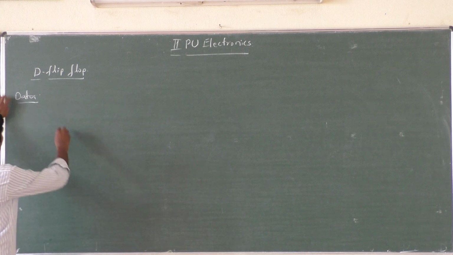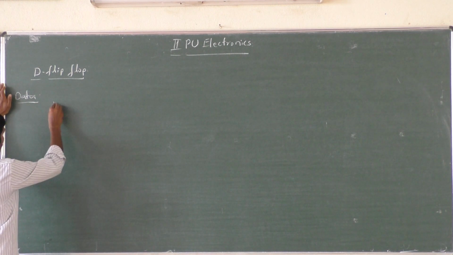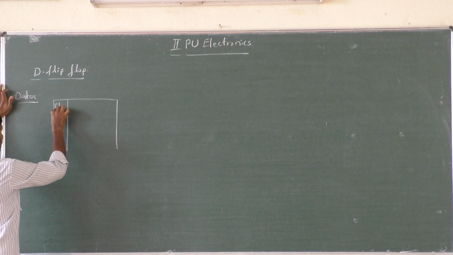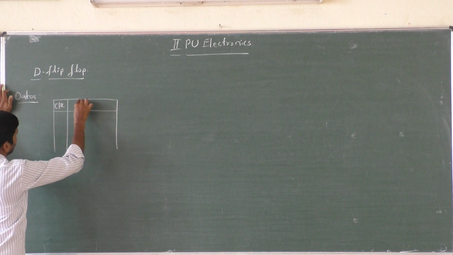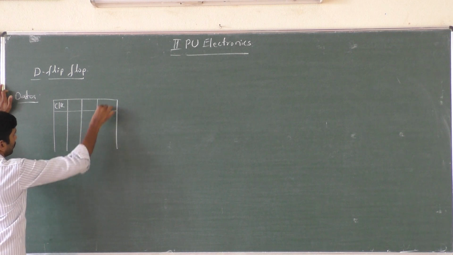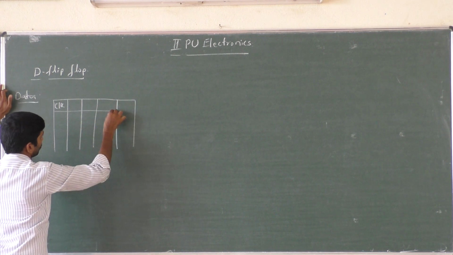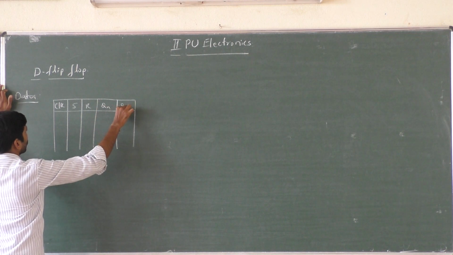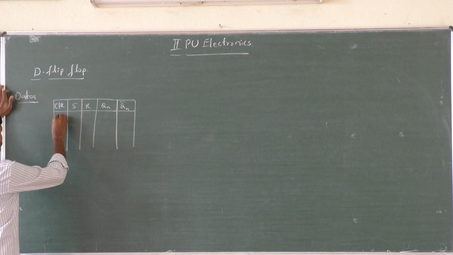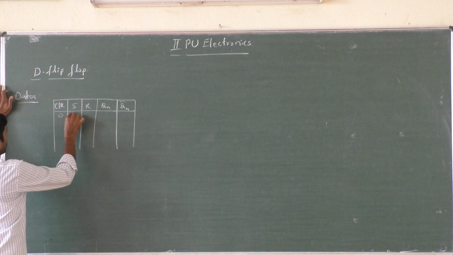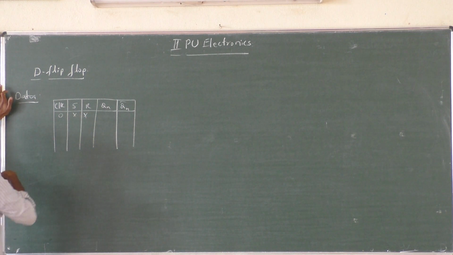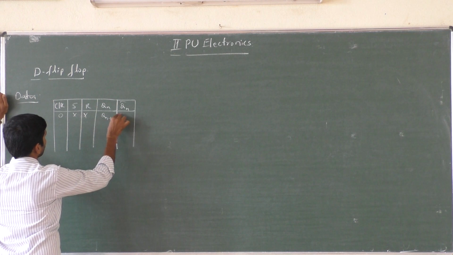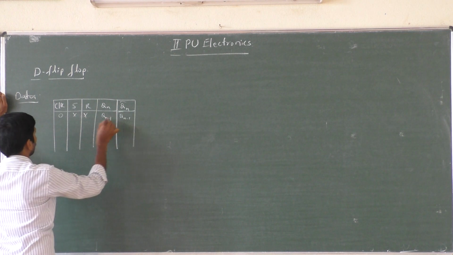See, if I write the truth table of clocked SR flip-flop: clock, S, R, Qn, Qn bar. Clock 0, S x, R x, whatever may be the value of S and R, Qn remains in the previous value, Qn minus 1 bar.